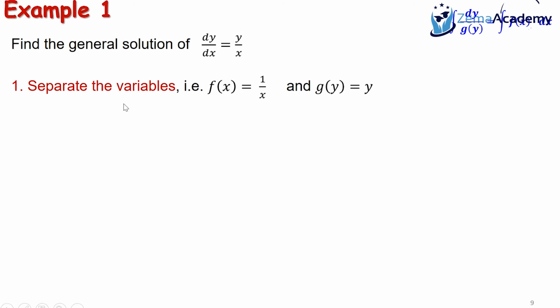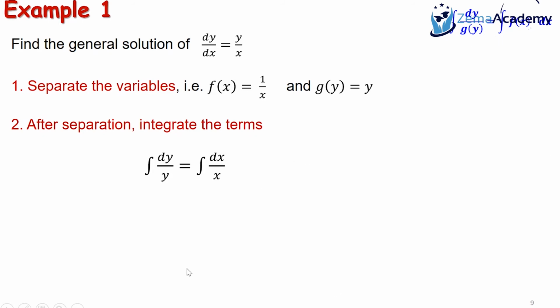So now the first step is complete, that we have separated the variables according to f(x) and g(y). The next step is, after separation, integrate the terms. So after separation, we need to put these f(x) and g(y) according to the formula, and when we put it according to the formula, it becomes this.